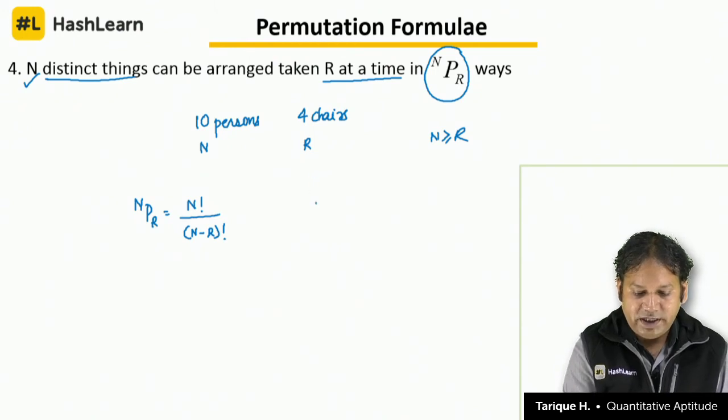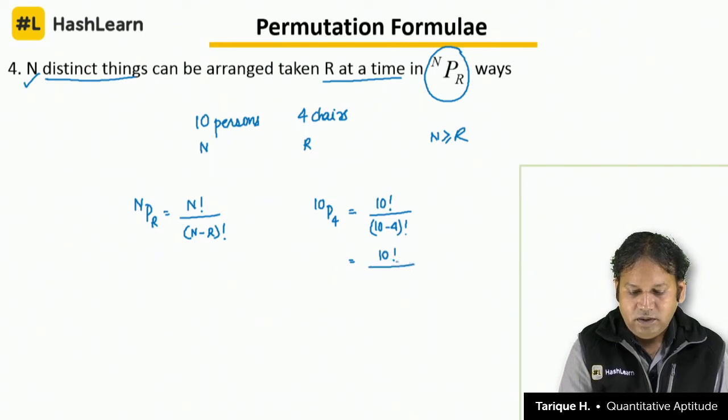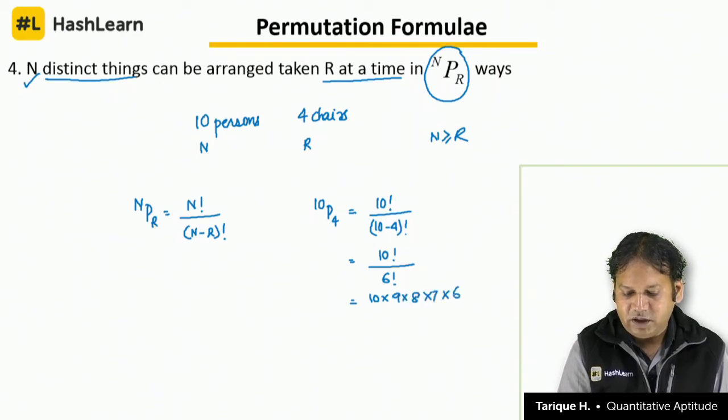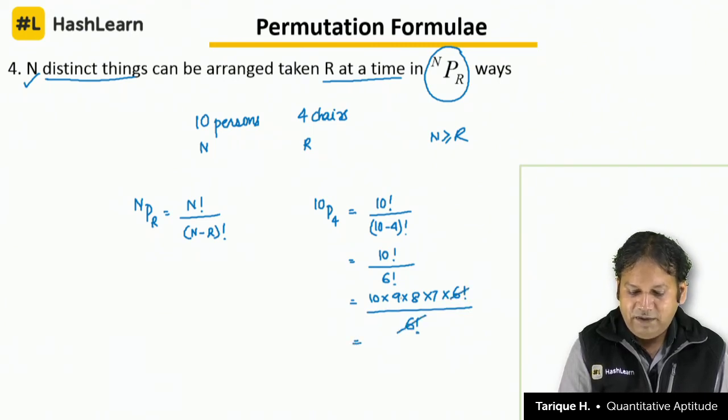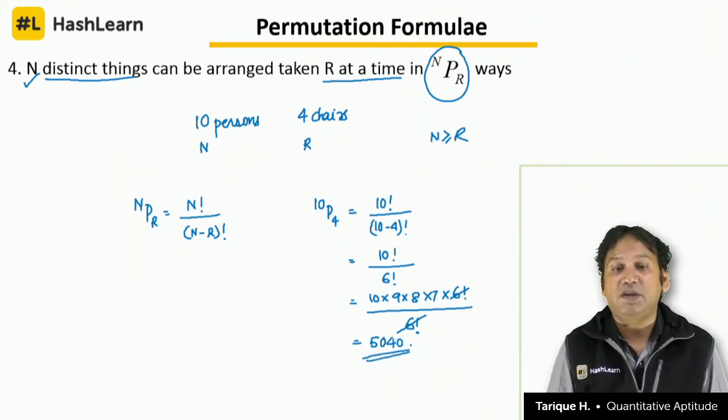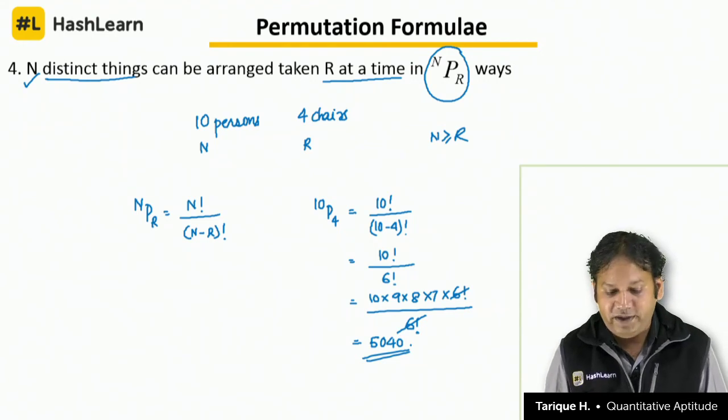So, for example, the question here, 10P4, would be 10 factorial divided by 10 minus 4 factorial, that is 10 factorial by 6 factorial, 10 into 9 into 8 into 7 into 6 factorial divided by 6 factorial. We can cancel 6 factorial. 504 into 10, 5040 ways. So, how many ways can we do it? 5040 ways. That is how we use the formula of 10P4.